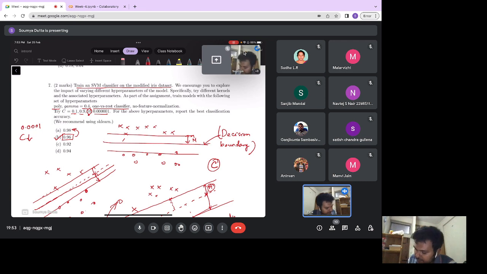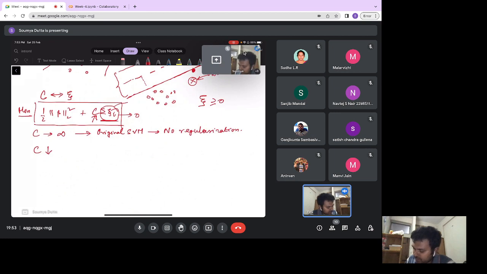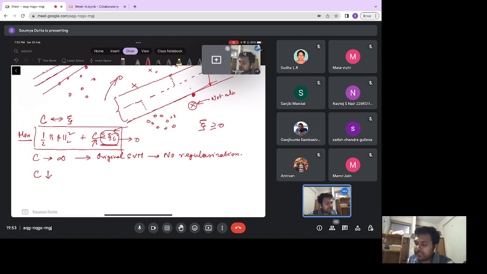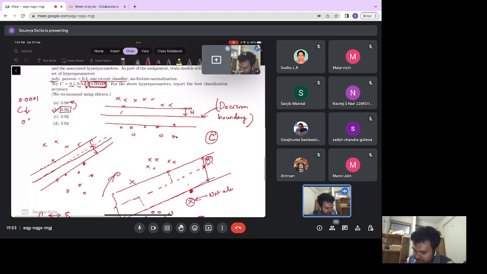However, if I decrease it to this particular value, you saw what happens: many zetas can be non-zero, because C is very low now. That means it is not even able to learn the training data properly, and therefore the accuracy dropped to 0.32 or 0.64, whatever, I forgot, something of that sort.